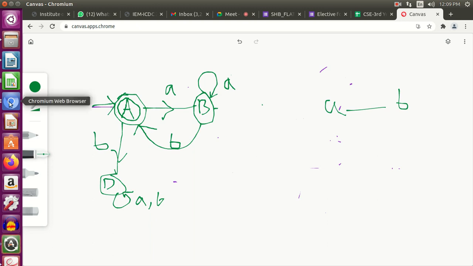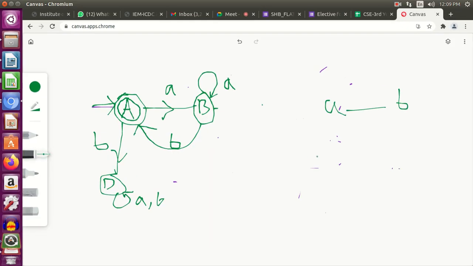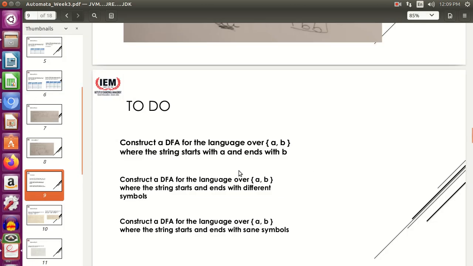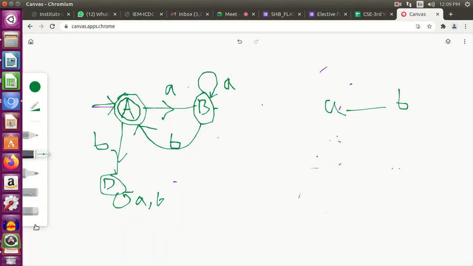So what about the next question? Wait. Next question was construct a DFA for the language over A comma B where the string starts and ends with different symbols. So it starts and ends with different symbols. That is what I have to guarantee.